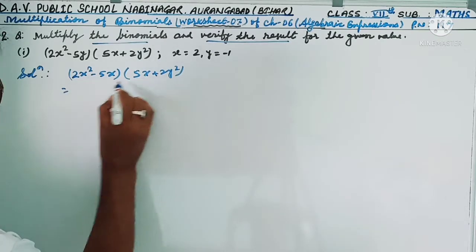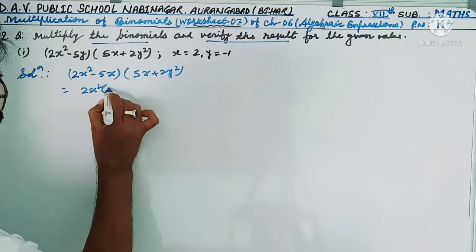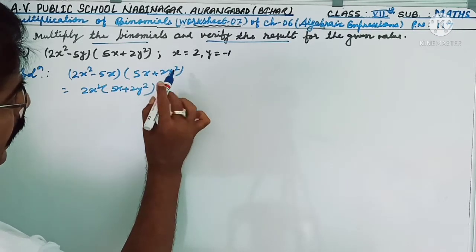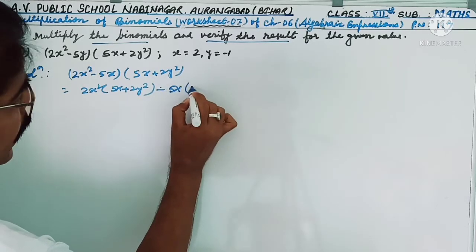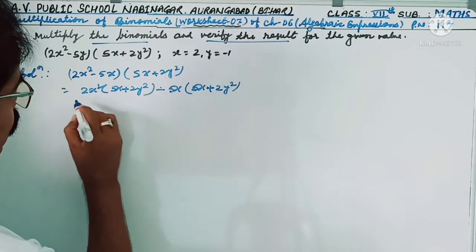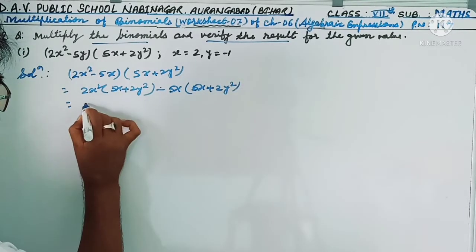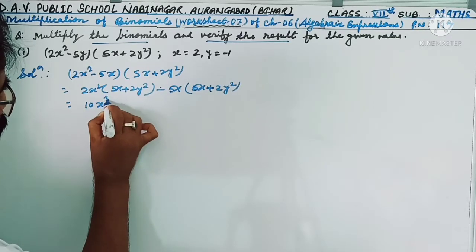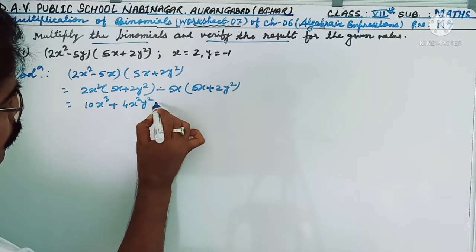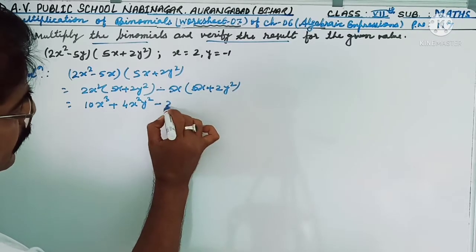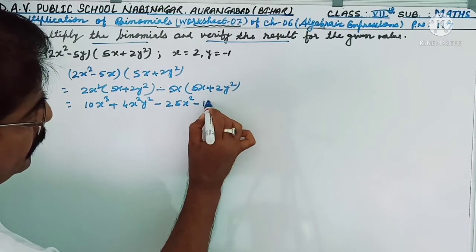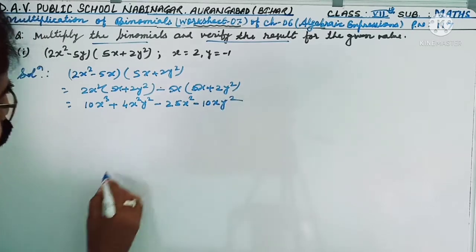is equal to 2x square into (5x plus 2y square) and minus 5x into (5x plus 2y square) is equal to 2 times 5, 10x cube, plus 2 times 2, 4x square y square, minus 5 times 5, 25x square, minus 5 times 2, 10xy square.